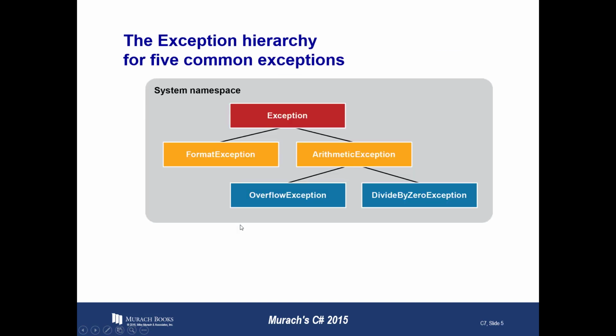So the exception hierarchy for five common exceptions. Now they're going to talk about some common exceptions, such as putting something in the wrong format. An arithmetic exception, a good example of that would be basically trying to do some kind of illegal arithmetic operation.